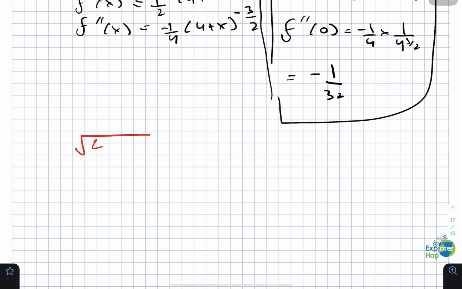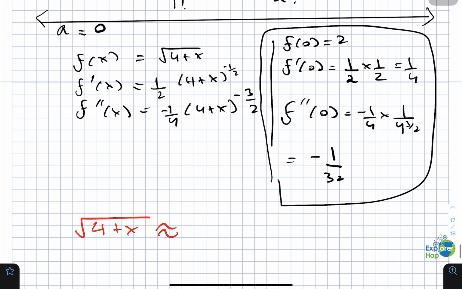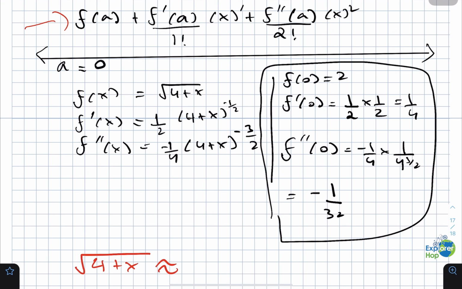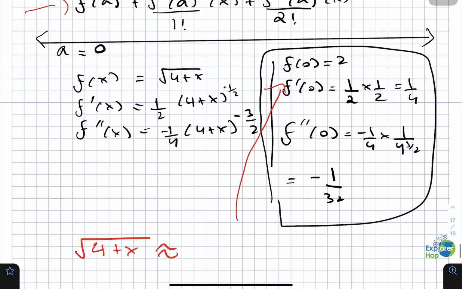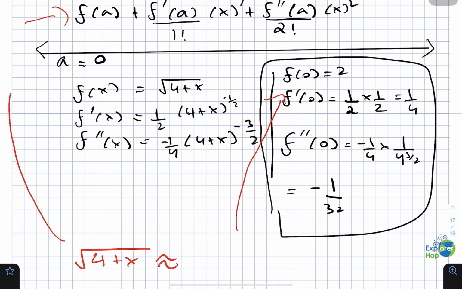Square root of 4 plus x is approximately equal to, so we've been given this formula, we know f of a is f of 0, which we know to be 2. So I can just write 2 instead. So we're just simply plugging in these values into this formula.